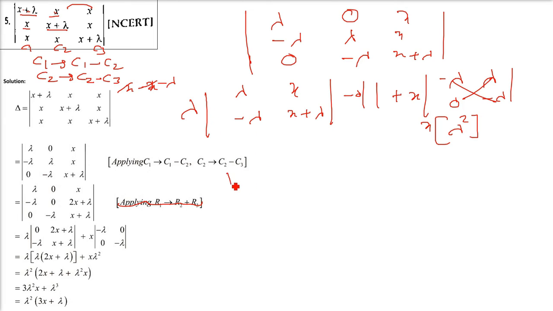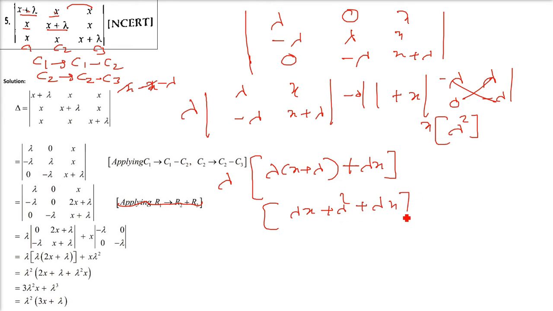Now coming to the first one, lambda. Now lambda x plus lambda, and minus lambda minus of minus, because it will be minus lambda x, but since we are subtracting, it will be plus lambda x. So this will be lambda x plus lambda square plus lambda x. Lambda was already outside. So 2 inside, 2 lambda x plus lambda square.